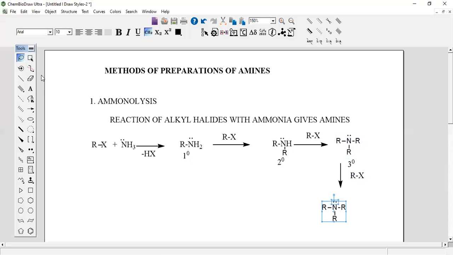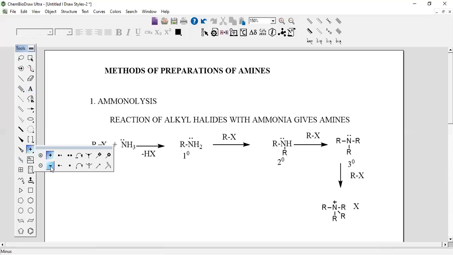One more alkyl group is added here, so the nitrogen gets a positive charge, and X minus will be there. In this way, this is called the quaternary salt.